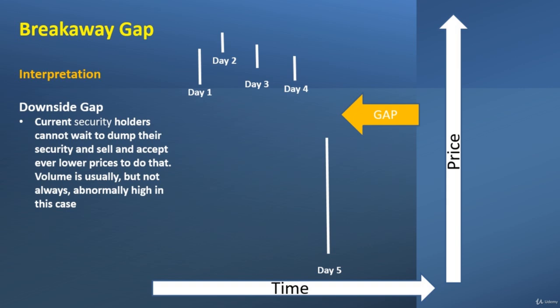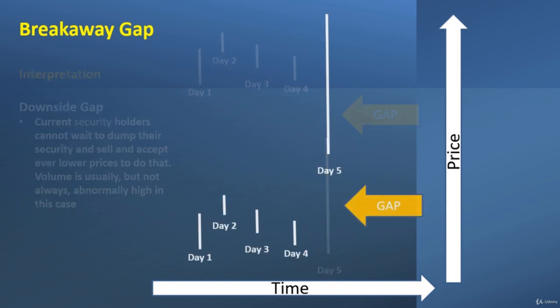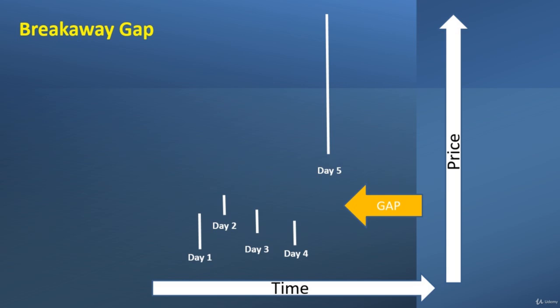Again, there's some kind of event, something's happening, and there's a mass movement either up or down. In this case, this would be a downside breakaway gap where there's been a significant move to sell the security. So either way, you're looking for these gaps, and you're looking for these significant moves for a breakaway gap, as opposed to other gaps we're going to learn about.